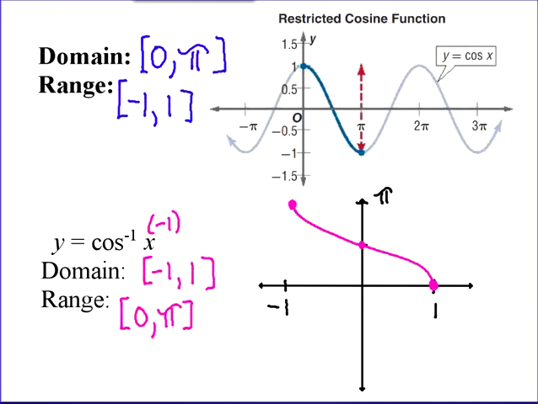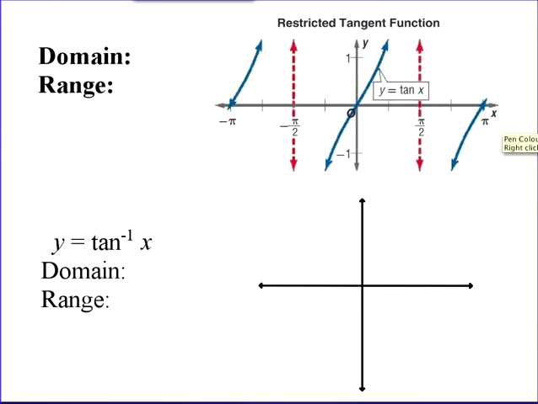Now tangent, on the other hand, is a different graph. Tangent, the domain, what's the domain going to be here? -pi/2. Yep. Now notice I'm not going to include -pi/2 because what happens at pi/2? What do we have?